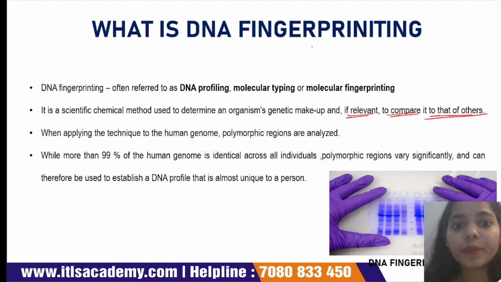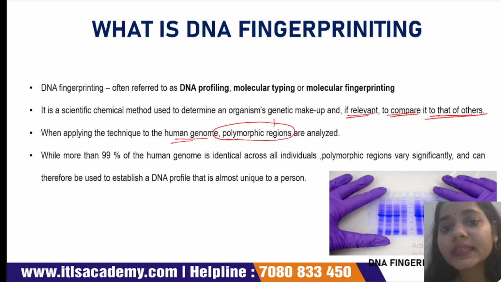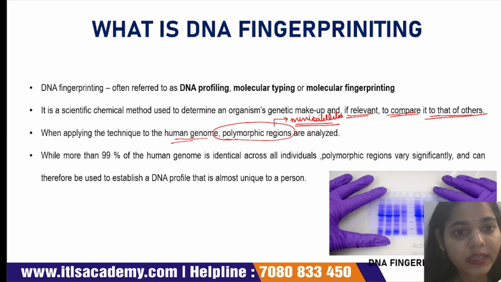In DNA fingerprinting, this technique is applied to the human genome's polymorphic regions. What are the polymorphic regions? Nothing else, they are the minisatellites. Due to these polymorphic regions, we all are different from each other.